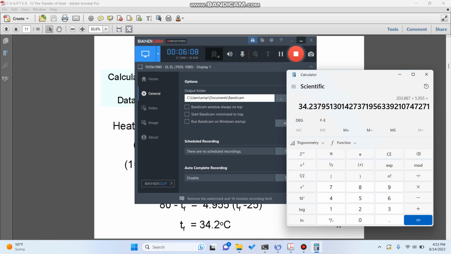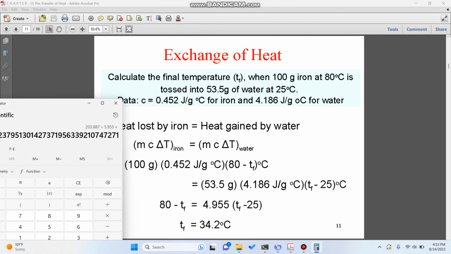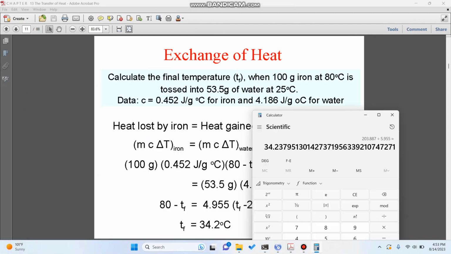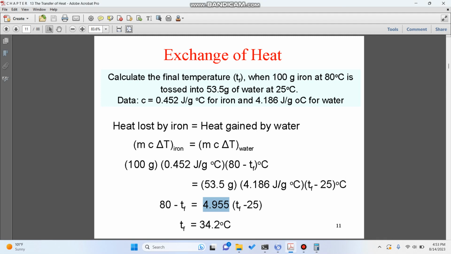What we have to do is cross multiply the values. We multiply 100 into 0.452 here, and then 53.5 into 4.186 over here. Then we divide those two values and get 4.955, and then we can rearrange: 4.955 into 25. This value we can send here, and TF we can send to the right hand side.